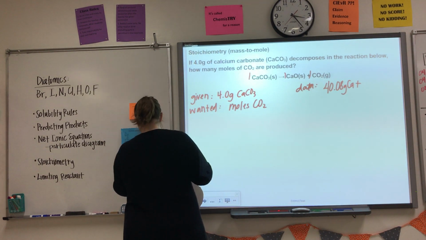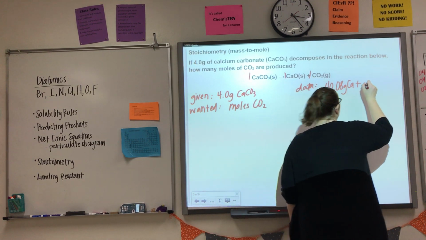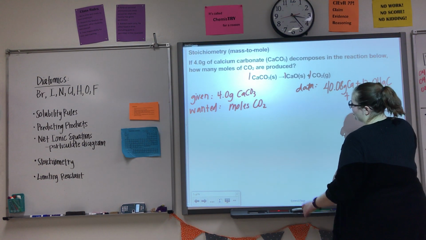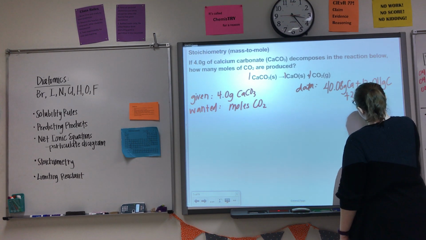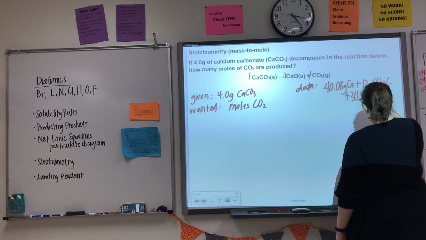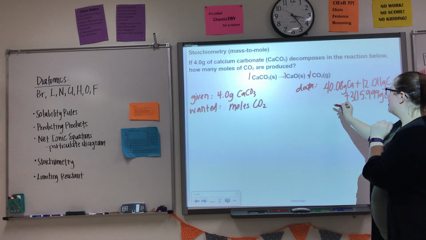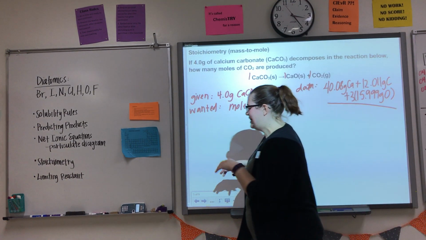plus carbon, which is 12.011 grams of carbon, and then I have 3 oxygens, and I know that molar mass is 15.999 grams of oxygen. So I'm going to add that number together, and that's going to give me my molar mass of CaCO3.